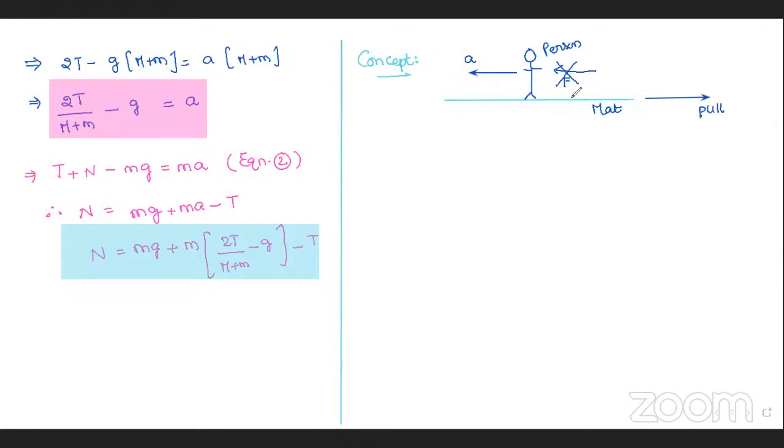This is what we call pulling the legs indirectly. You pull the legs, then he falls back. Now did you understand? Or any queries, any doubts? Understood.